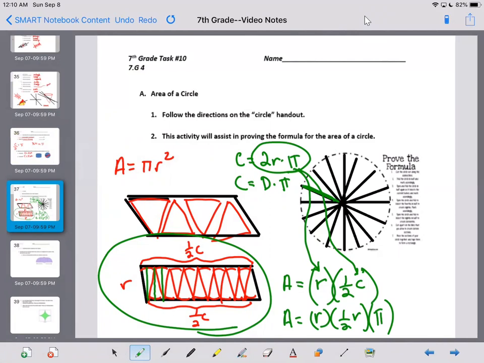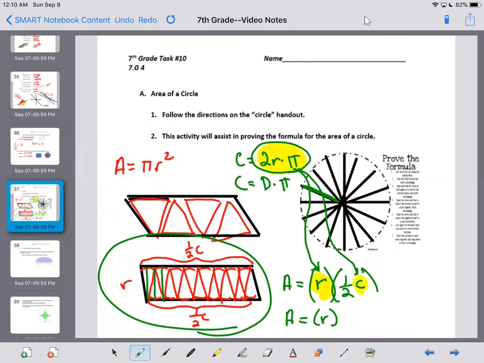And notice I also have the 2r, which I didn't. I'm going to start over with that. So area equals r, which is what I had right here. And then 1/2 times the circumference. Well, here's my circumference. So this is going to take the place of c.